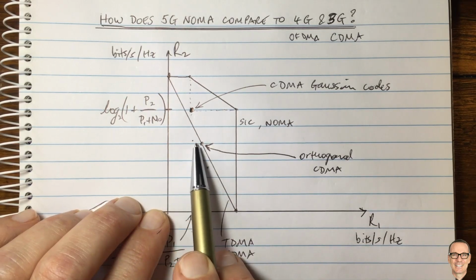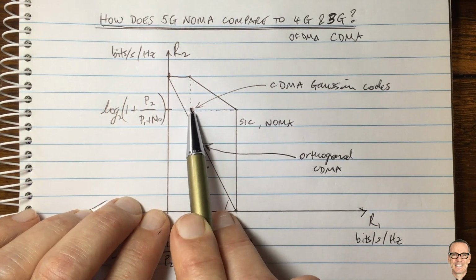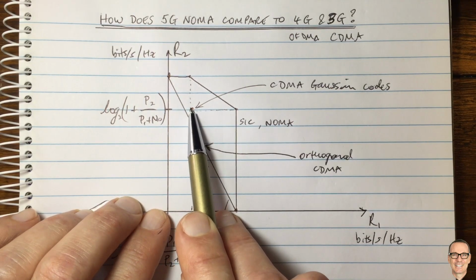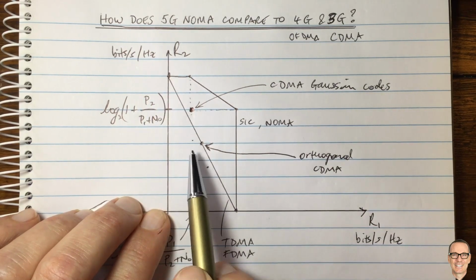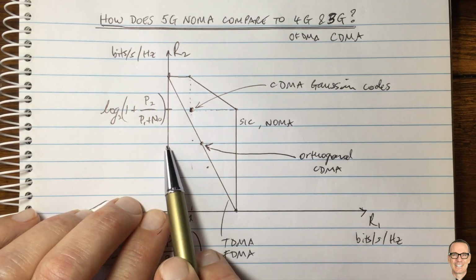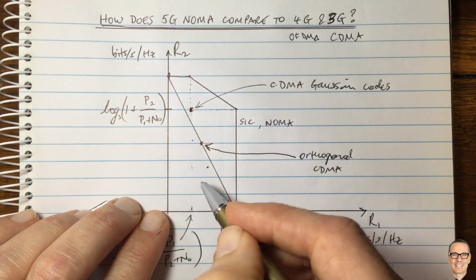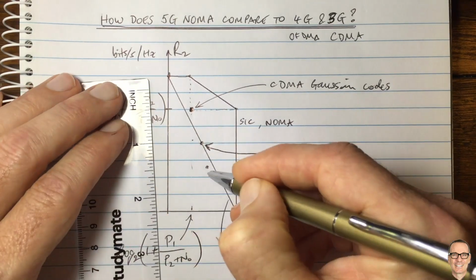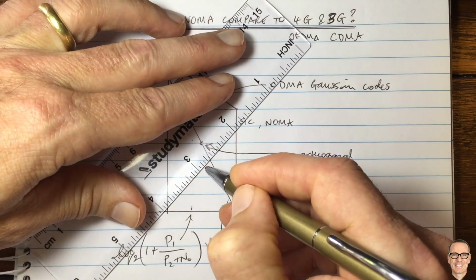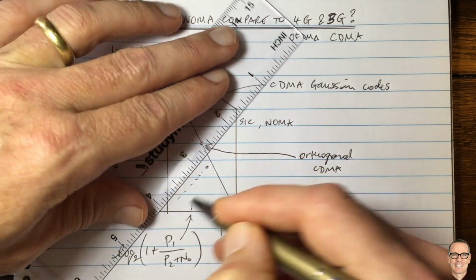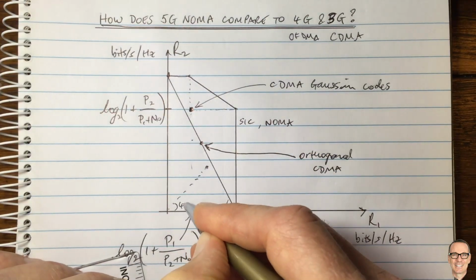So here, for example, user 1 is only getting this amount, even less in this case, although the sum rate is more because user 2 is getting more. But if you reduce the power to user 2, it means you're going to reduce its rate, and you're going to operate at a point here on the 45-degree line where you're getting equal rate for the two users.